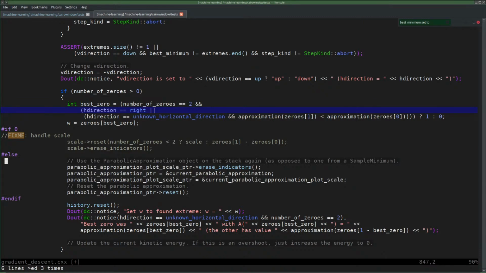So this comment now is correct because we are pointing to the current minimum, as it were, and then I want to switch to the stack again, which is this code, right? Erase any indicators of the previous one, switch to the stack, actually reset the parabolic approximation.